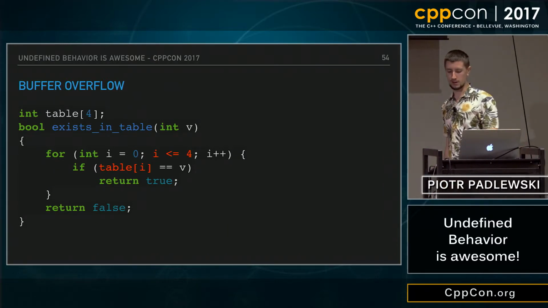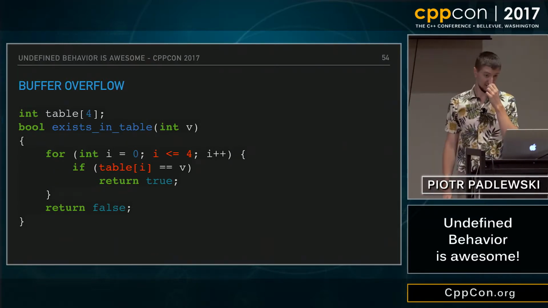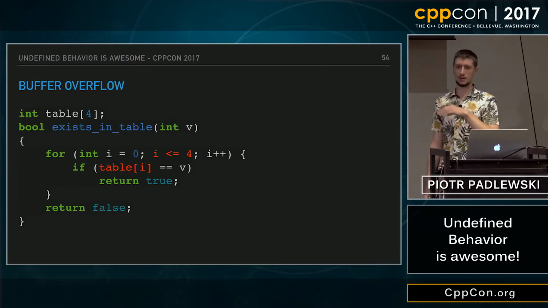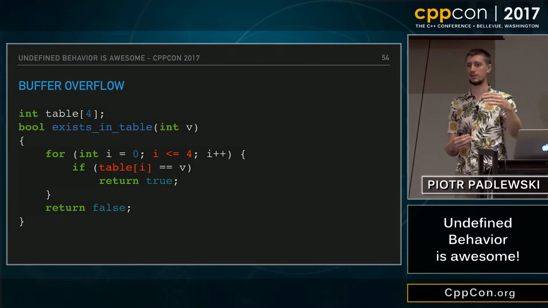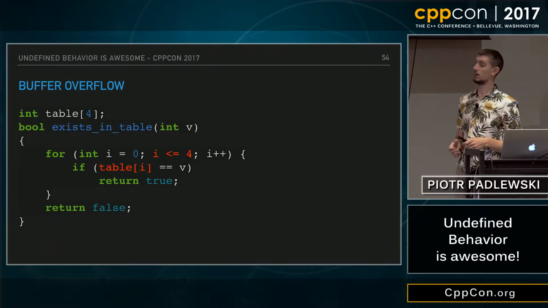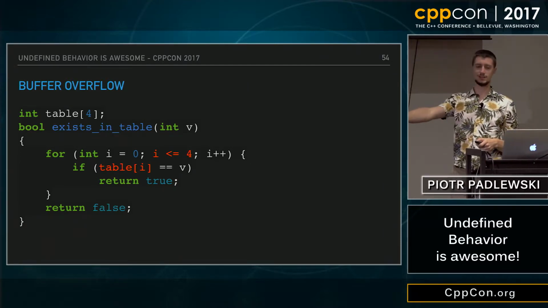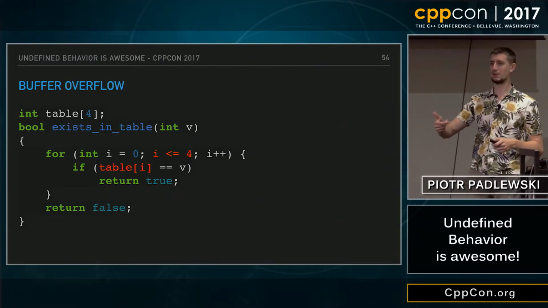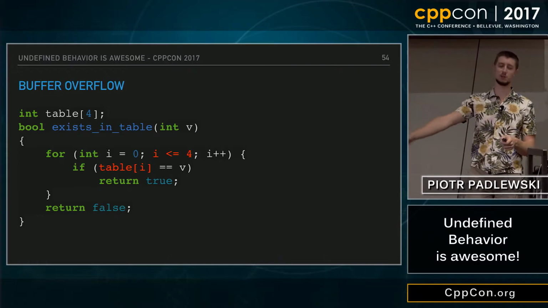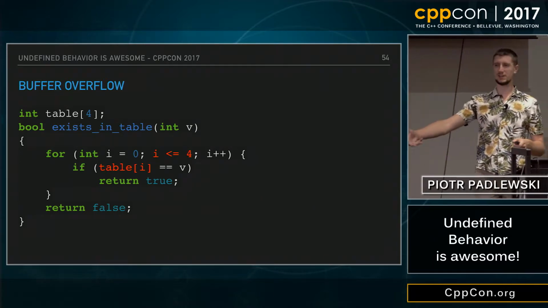Then the compiler can come and see, okay, this is a constant count, so I will just unroll it, right? And then it says, oh wait, in the last if there is undefined behavior, I'm going out of scope. So this is something that cannot happen.